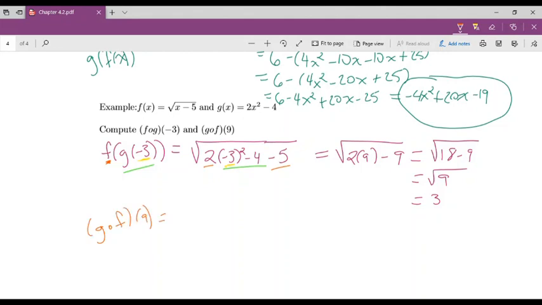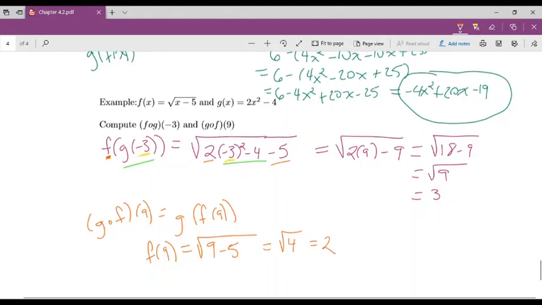Now, in this method here, I'm going to go ahead and find f of 9. So I'm going to take my f function here, which is the square root of x minus 5. I'm going to plug in 9 for x, so that I get 9 minus 5 is 4. Square root of 4 is 2.